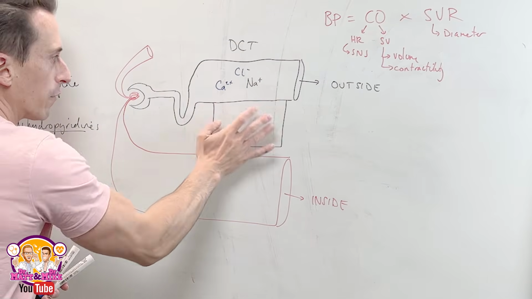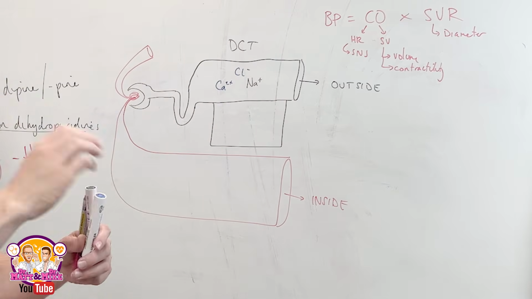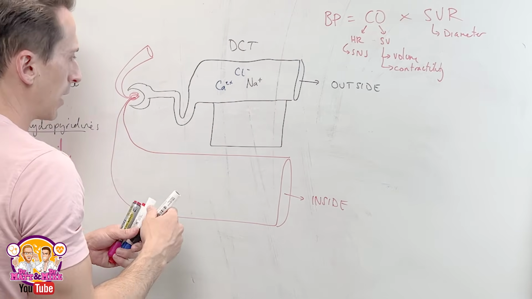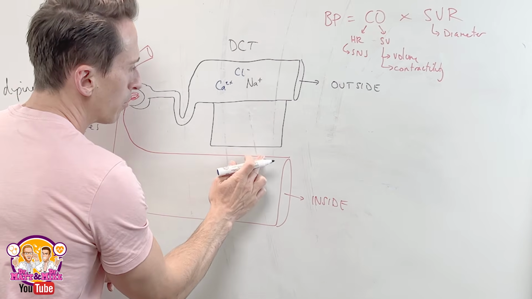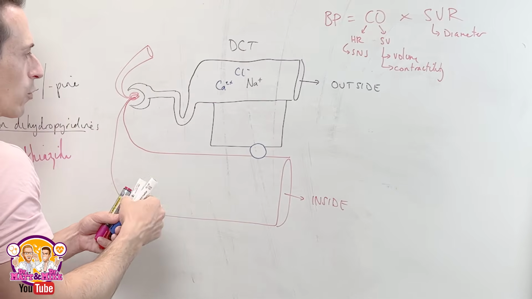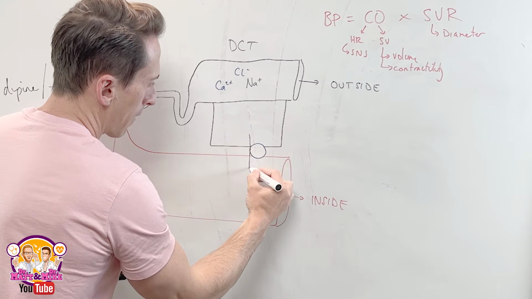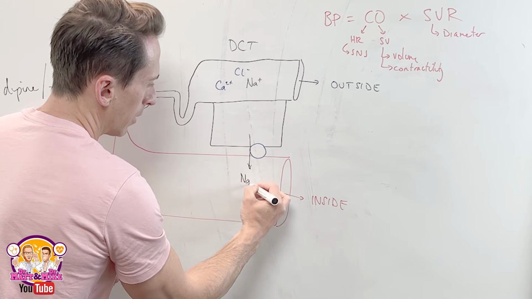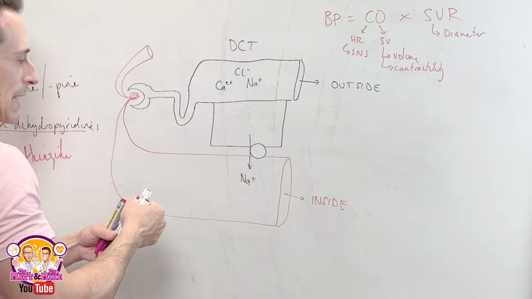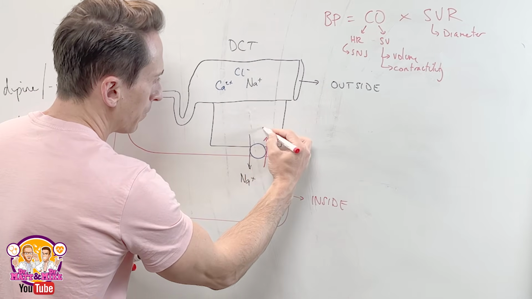Now, on all of these cells, whether it's the distal convoluted tubule cells or the proximal or whatever, doesn't matter, embedded in the membrane here, you've got sodium-potassium pumps. And their job is to take whatever sodium is inside this cell and chuck it back into the body, and to take whatever potassium is inside the body and throw it back into the cell.